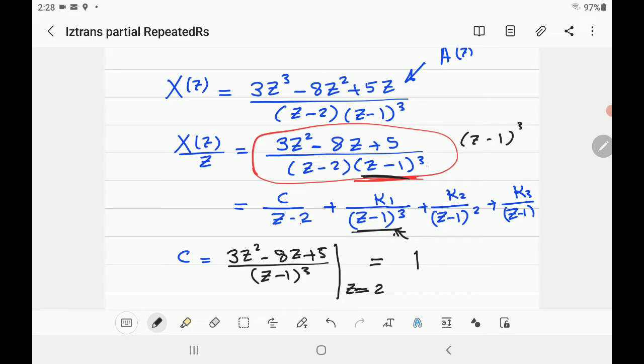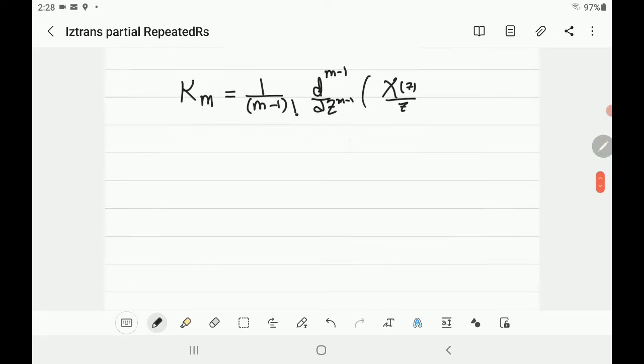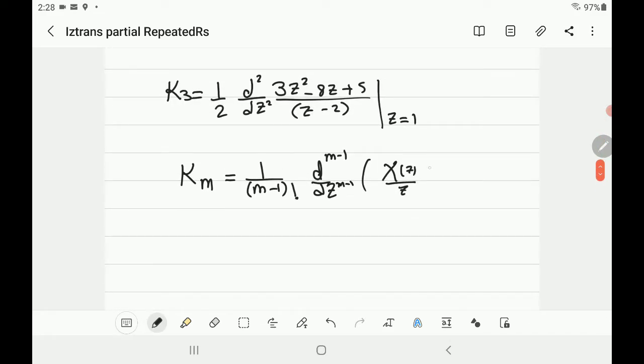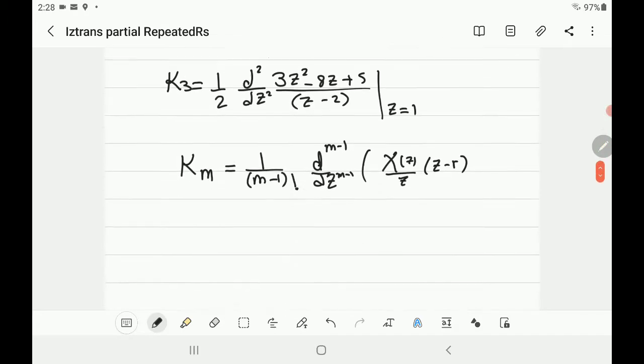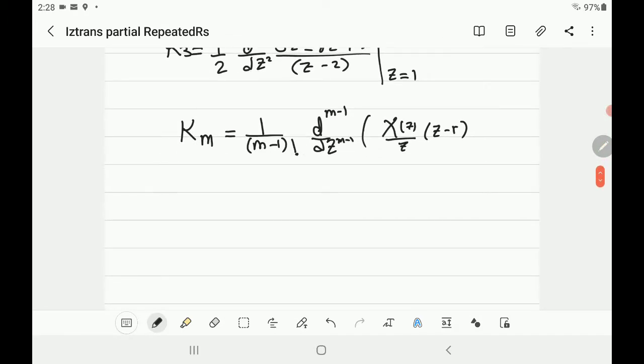But in our case, the root is equal to 1. What about if it's z minus r in any other problem? So z minus r, whatever is repeated here. For example, here it's repeated 3 times, or any number of times. It doesn't matter, say n times, for example.